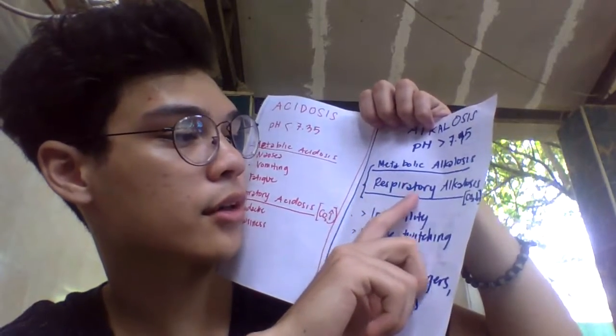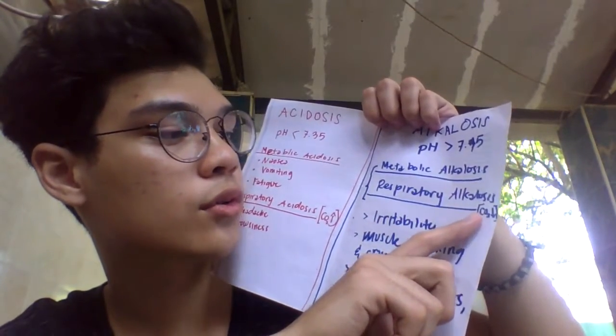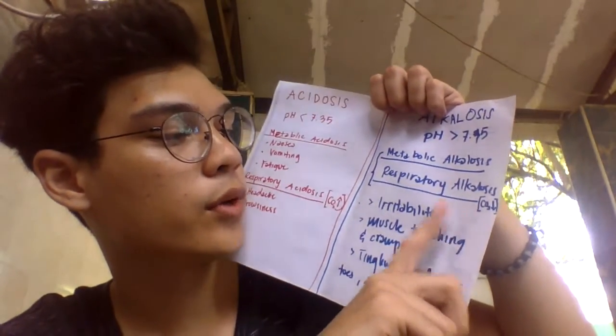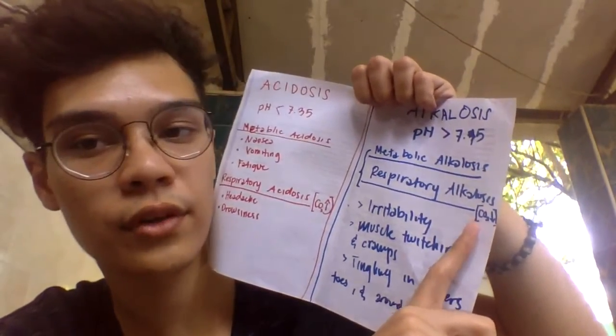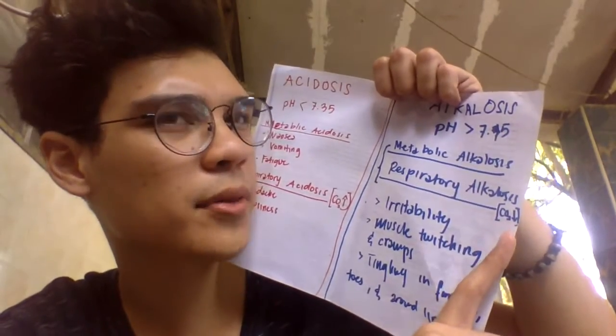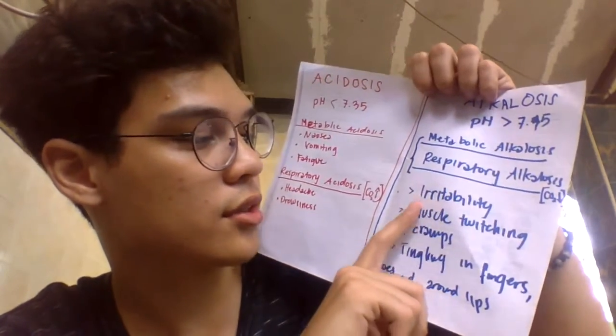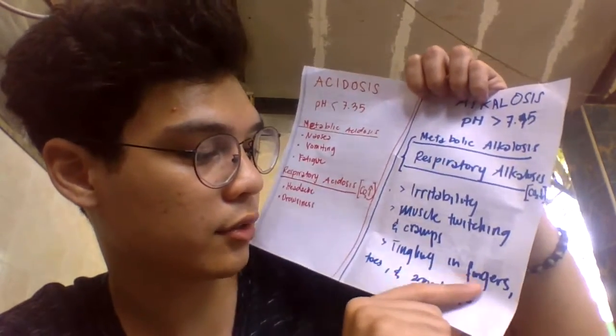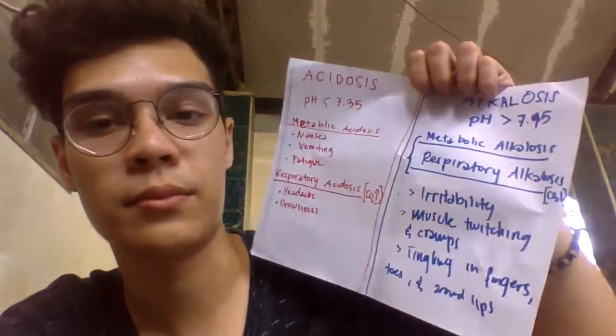And respiratory alkalosis is if there is a lesser amount of CO2 in the body, meaning we are expelling too much CO2 from the body. This could happen when we hyperventilate. So this causes irritability, muscle twitching and cramps, tingling in fingers, toes, and around lips.